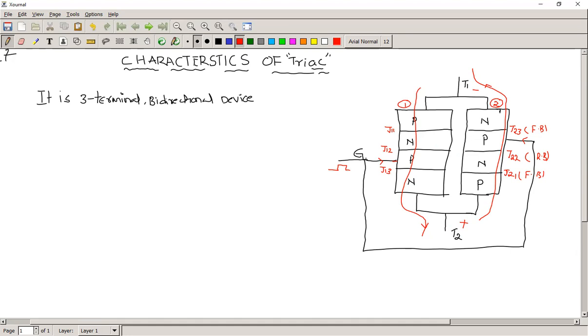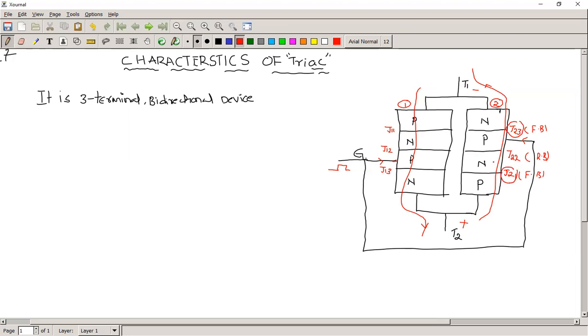One more point: if T1 is positive with respect to T2, the device 1 is forward biased, whereas the other is reverse biased. Nothing but this junction and this junction are reverse biased.